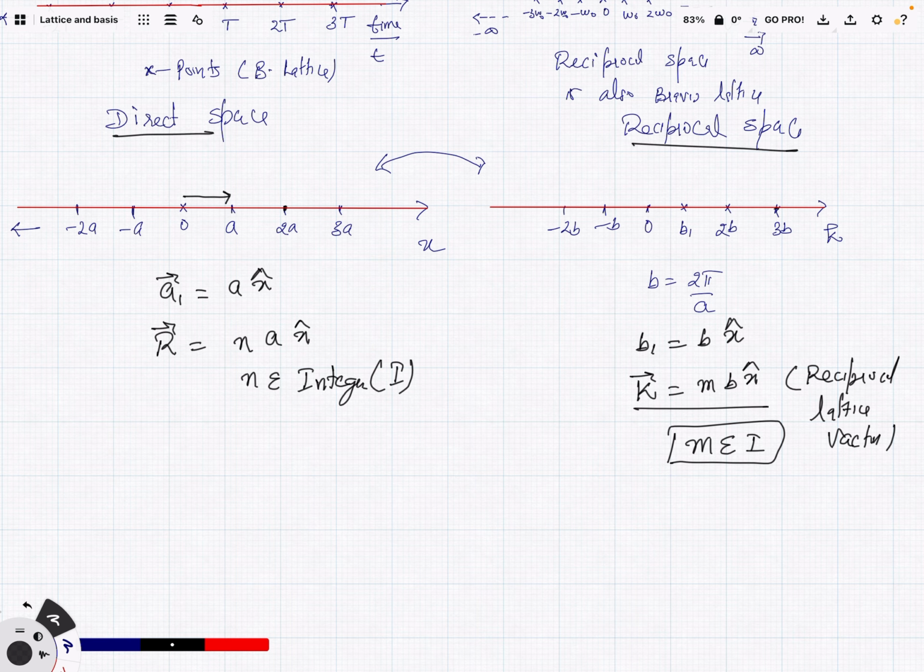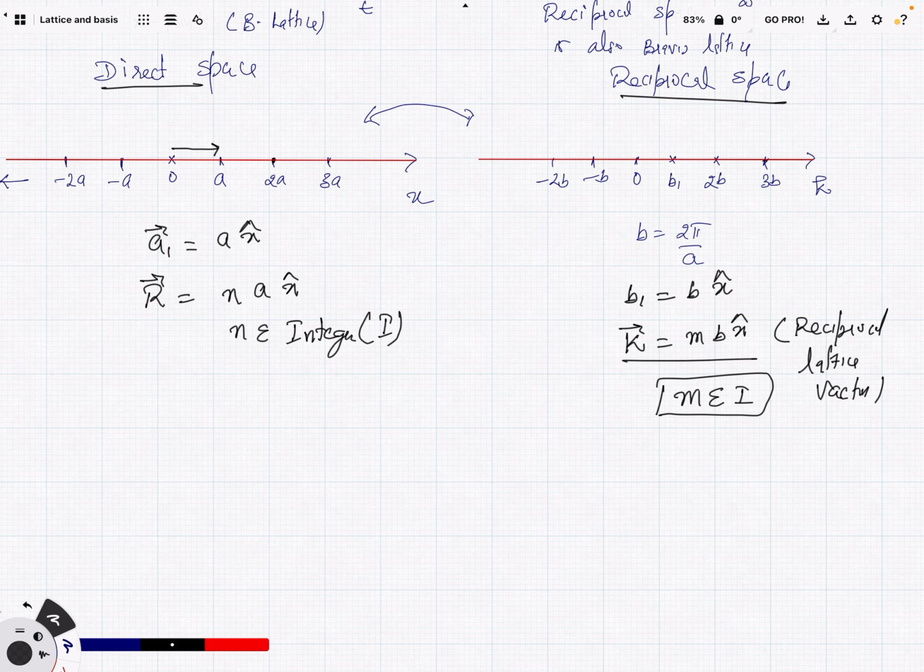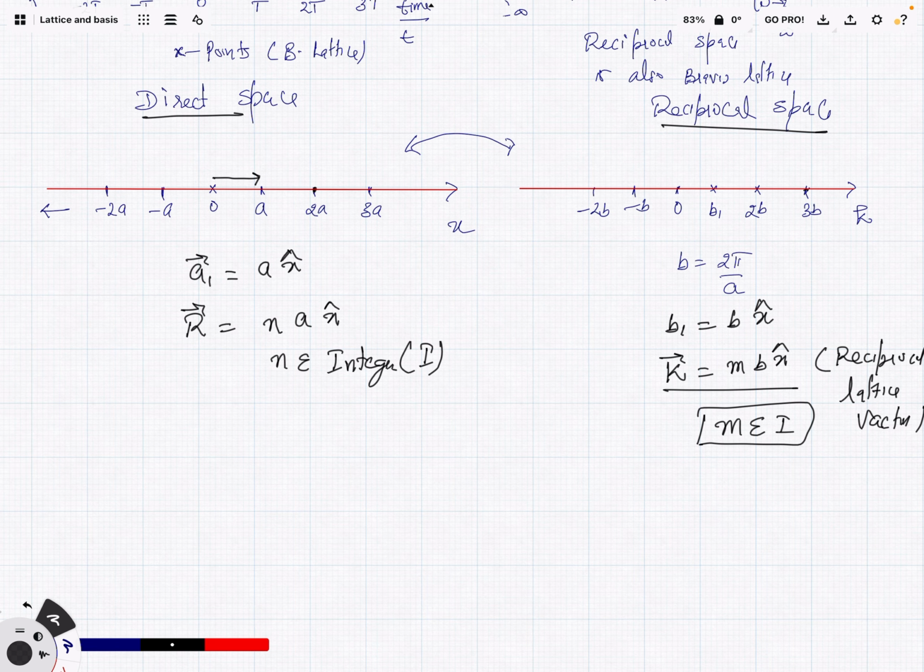Now we want a formal way to go from direct space to reciprocal space and vice versa. One thing I can notice is that the direct space vector A1 dotted with the reciprocal space vector B1 has to be 2 pi.